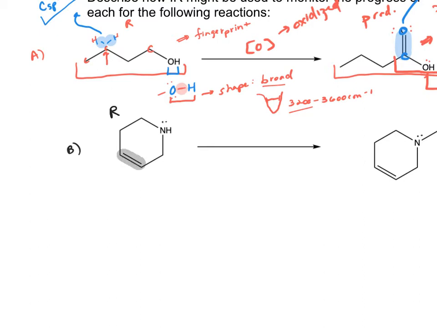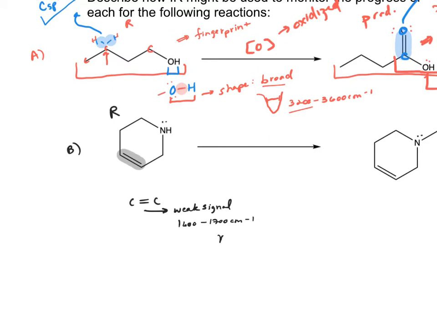All right, so carbon-carbon double bonds, it is asymmetric, so we will see it. It's not a symmetric double bond. We'll find this in a very weak signal between about 1600 to 1700 inverse centimeters. Very weak signal, so a very tiny little signal with respect to the overall signal strength in the IR spectrum.